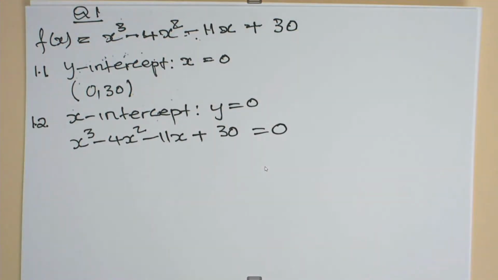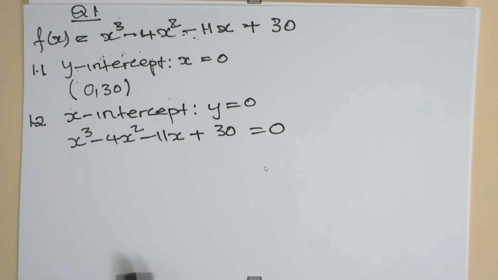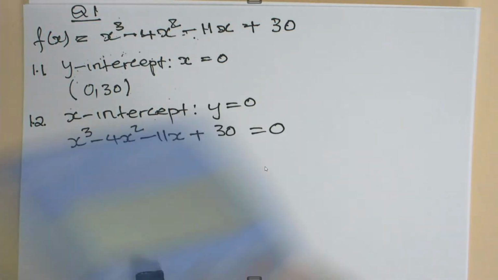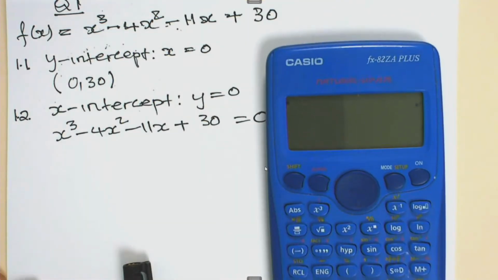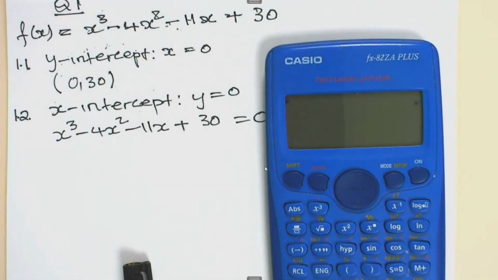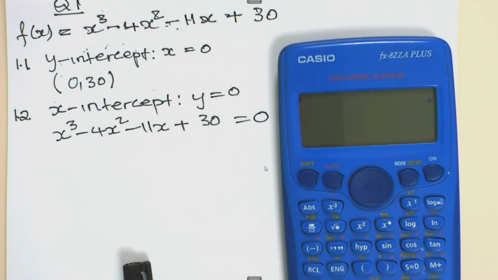This cannot be factorized easily. Then it means we'll have to make use of the factor theorem to determine the first factor, and thereafter we'll be able to determine the other roots or the other factors.